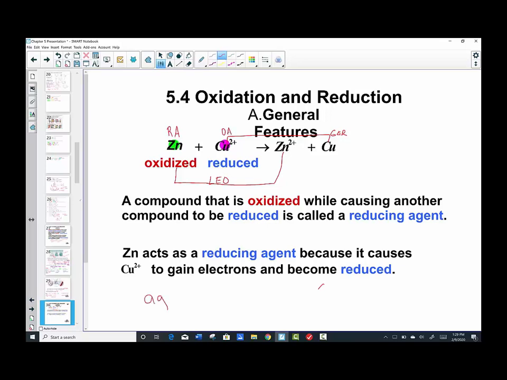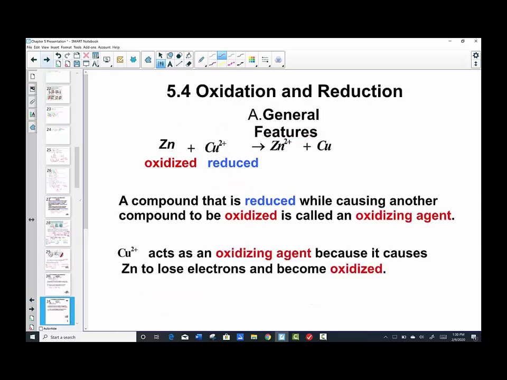The agents are always on the left side of your equation, just as what is oxidized and what is reduced, they're always reactants. Agents are oxidized and reduced, therefore on the left side. So a compound that is reduced is the oxidizing agent. The compound that is oxidized is known as the reducing agent.